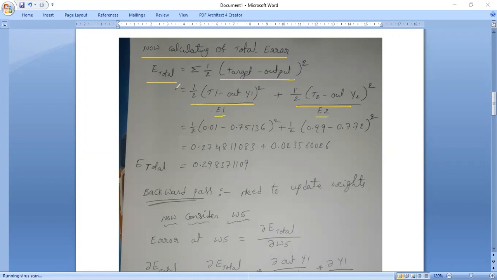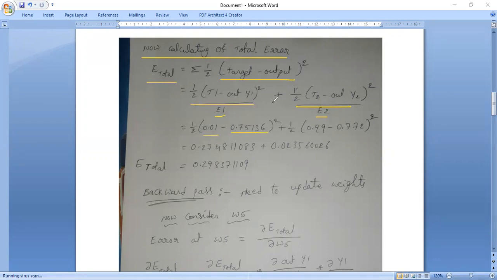What is E1? E1 equals 1 by 2 into (T1 minus output Y1) whole square, where T1 means target 1. We already have the target 1 value and we have calculated the output of Y1.